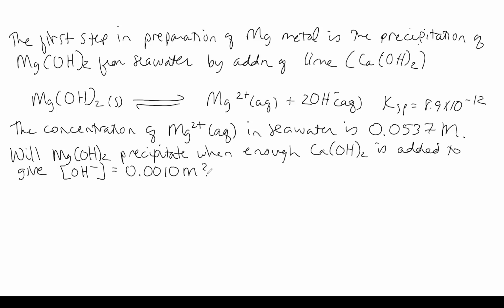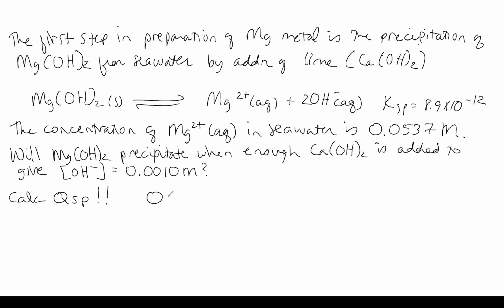Okay, so there is our question. All right. So now what we have to do, we have to figure out if under these conditions, QSP is larger or smaller than KSP, and then we're going to be able to answer the question. So first thing we're going to do is calculate QSP.